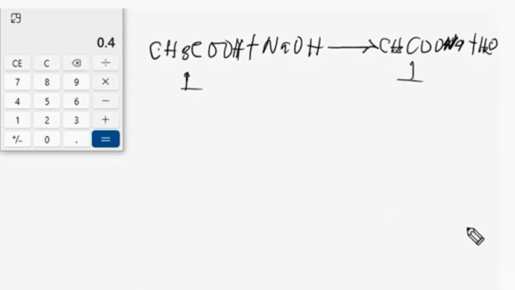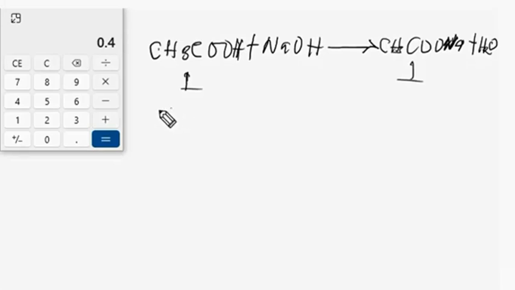So also having that, we have 2 moles per dm cube of the ethanoic acid.